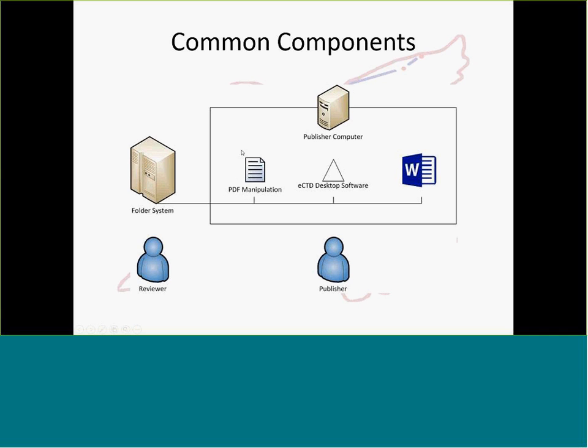You have to have Adobe Standard or the equivalent, and you really, really, really want some advanced PDF tools. These are very expensive and are not included in this. And then, of course, you have to connect to your file system. This can be an EDMS, this can be a Windows file system, whatever you want.